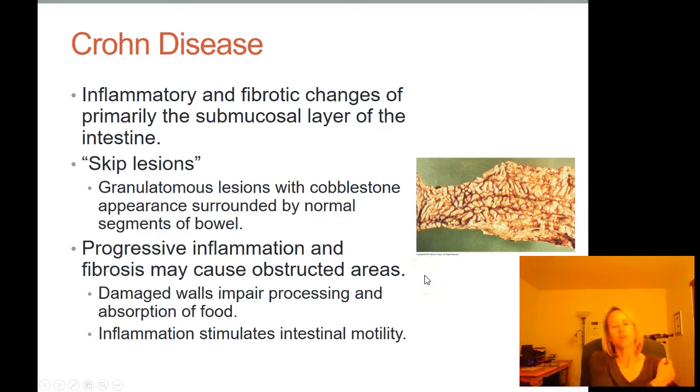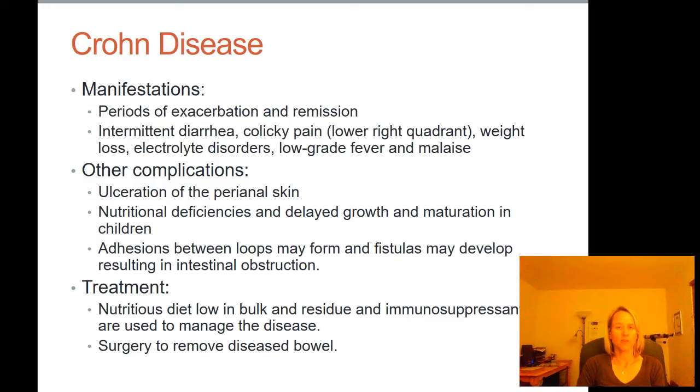Over time, this progressive inflammation and fibrosis can lead to obstruction, and also we have damaged walls of the intestine. That's going to lead to poor absorption of food. This inflammation also stimulates intestinal motility, which is going to lead to diarrhea. So manifestations.